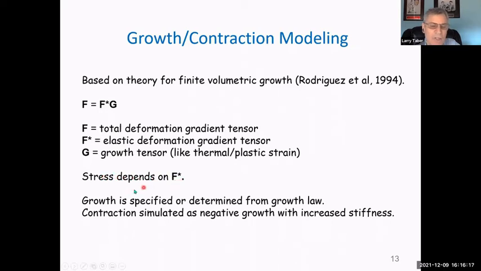And so the growth can be either specified as a function of time and place or determined from a growth law, where maybe it depends on stress or something like that. In all the models I'm going to show today, growth will be specified everywhere. And then contraction can be simulated as negative growth with also an increase in regional stiffness, much like when a muscle contracts, it becomes stiffer.